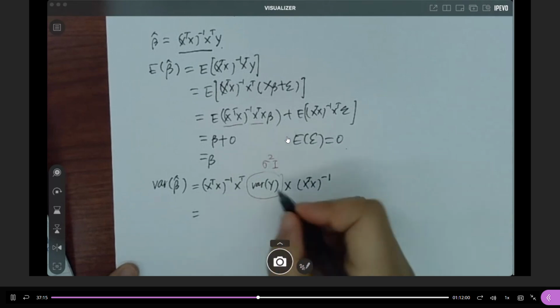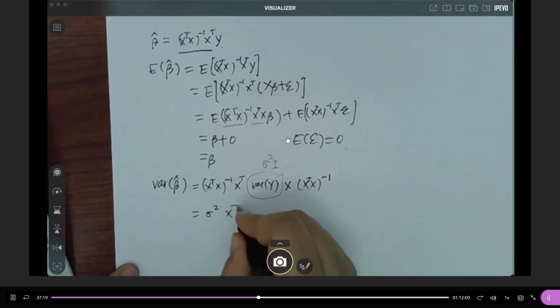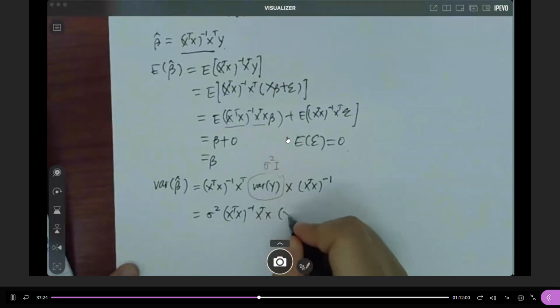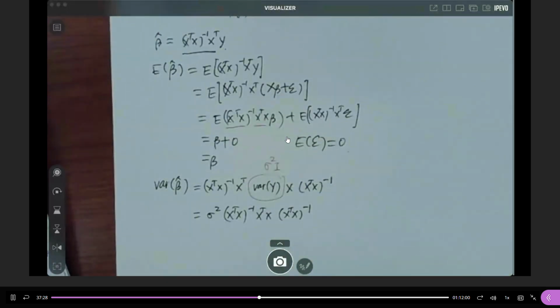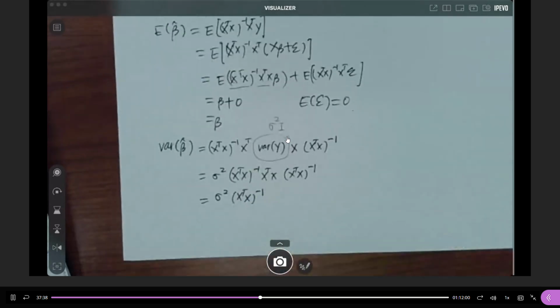Then, because this is multiplied by I, you take out sigma squared, and you get (X transpose X)^(-1) X transpose X, then (X transpose X)^(-1) again. These two can cancel, so you cancel one pair and still have (X transpose X)^(-1) here.